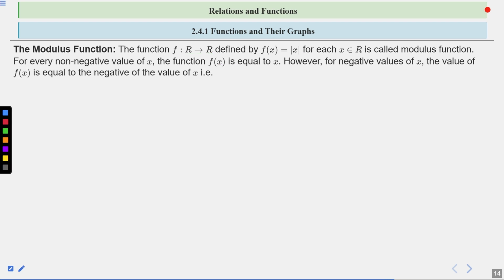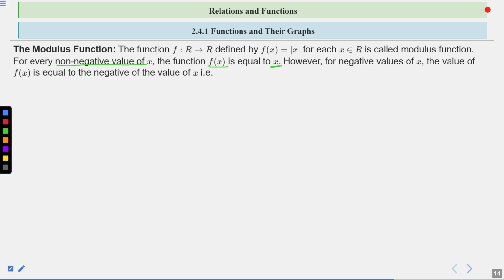that for every non-negative value of x, the function f(x) is equals to x. So if your input is non-negative, meaning 0, 1, 0.1, 0.2, 0.3, 1 upon 100, any non-negative real number, then the output will be the same as my input.